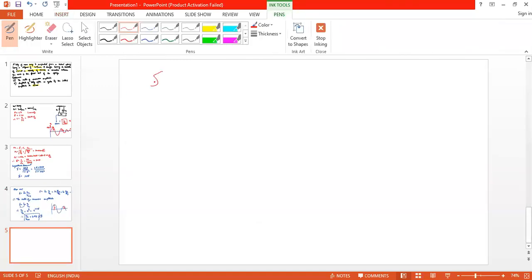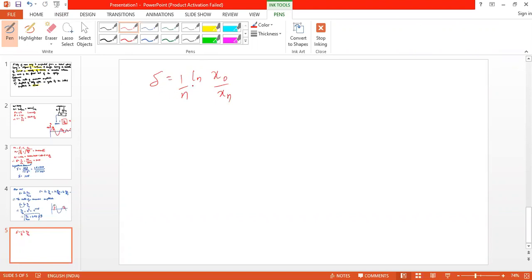Okay, for this, again, we know that delta is equal to ln of x naught by xn multiplied by 1 by n. This also we have derived in the last class.